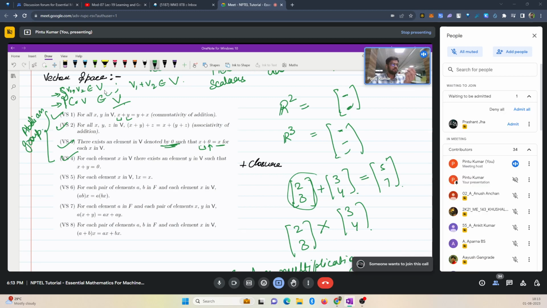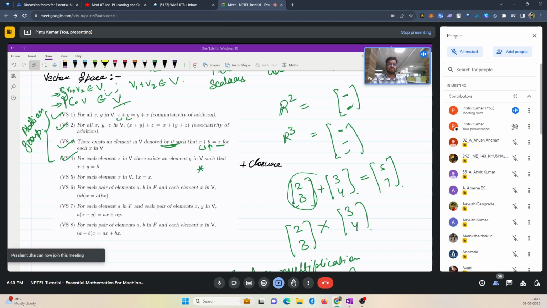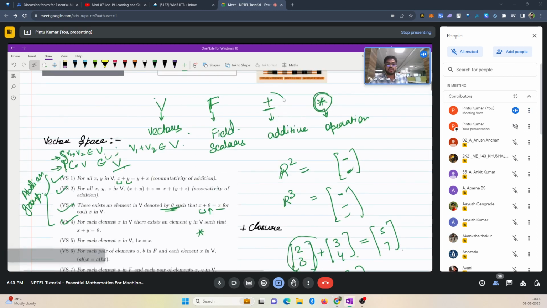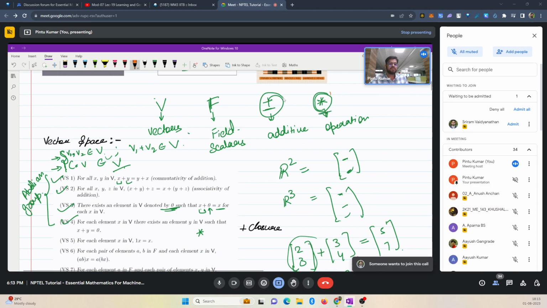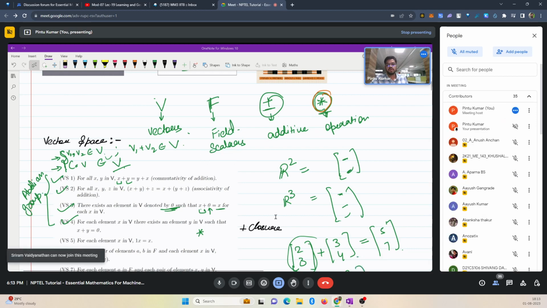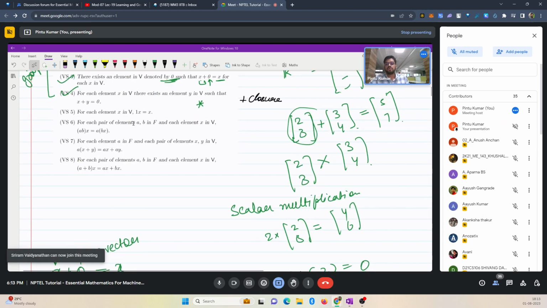Now we will get to the properties related to the symbol of multiplication. With respect to addition, we studied 5 properties. Now we have this multiplication and some properties associated with it. We want a multiplicative identity.